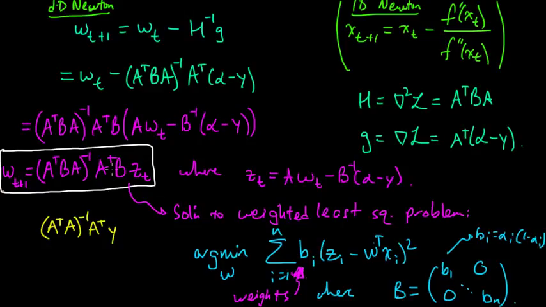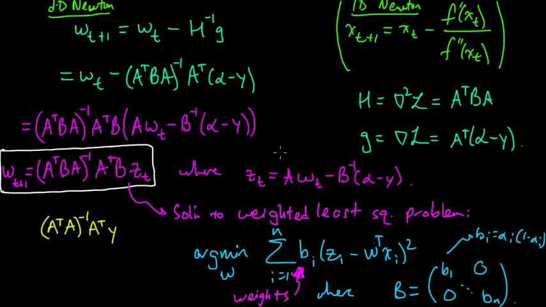So it's nice that the result of applying Newton's method to this problem actually gives you a solution to a weighted least squares problem. As a result, people refer to this as iteratively reweighted least squares. Why is it reweighted? Well, the iteration is clear, you're iterating.